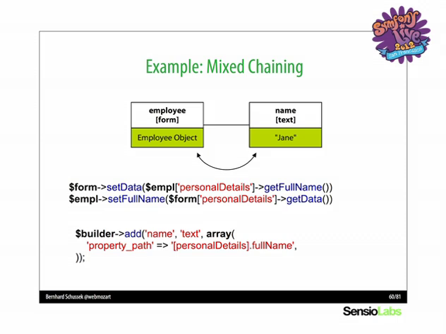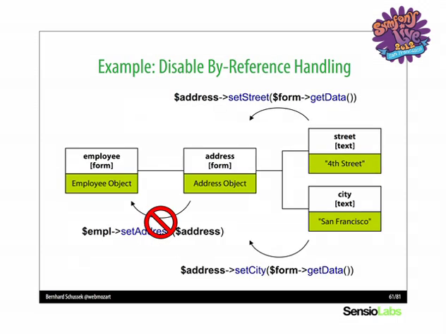And the last example I'm giving here is when you want to disable by reference handling of the form in the data mapper. So essentially, what happens when you fill that form is Symfony will call the setter on the address object. The difference to before is that you have an employee form, you have an embedded address form, and the address form has a street field and a city field.